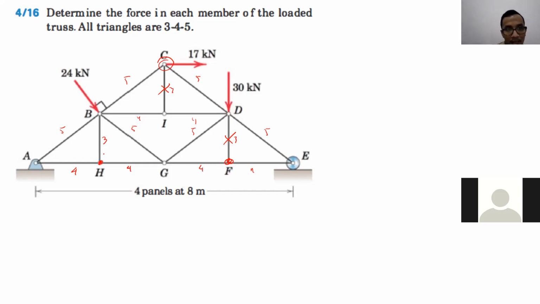At joint H, AH and GH are two collinear members, and there is no external load at joint H, so BH will be a zero force member.